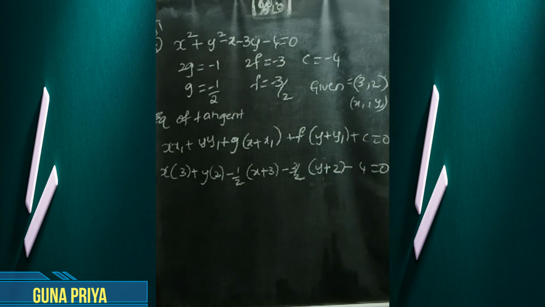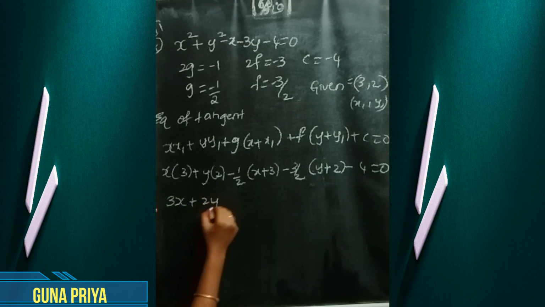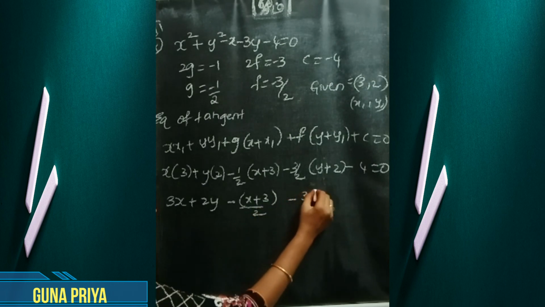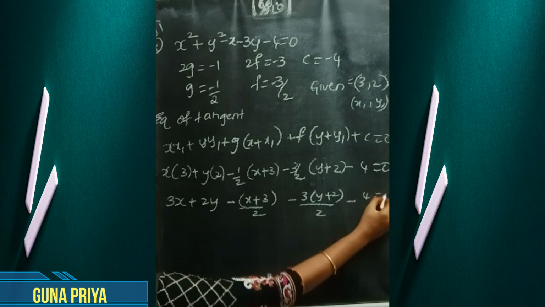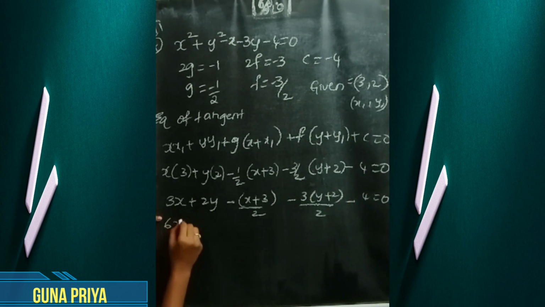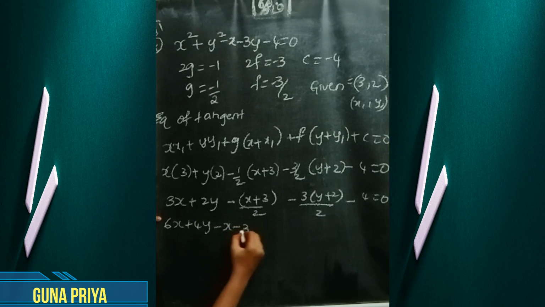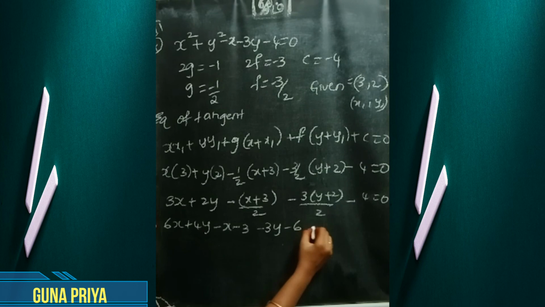Now, so 3x plus 2y minus x plus 3, okay, now take the LCM. 6x plus 4y minus x minus 3 minus 3y minus 6 minus 8 equals to 0.